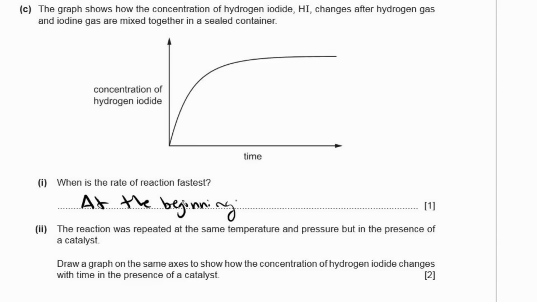Temperature and pressure is the same, so it has to finish off at exactly the same level. But it goes faster at the beginning. You might want to do this a bit more carefully, probably use a pencil. That's with a catalyst.